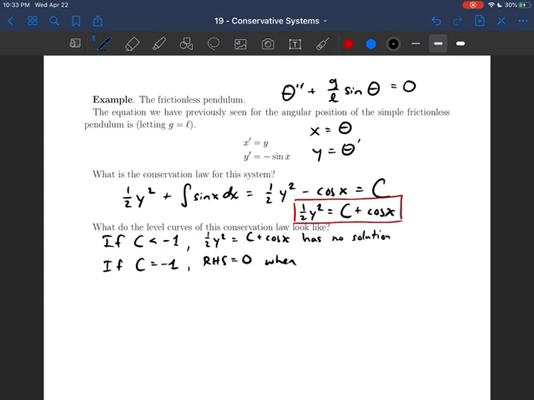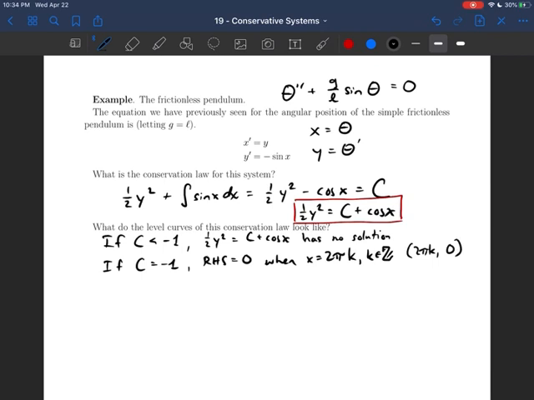If, on the other hand, c is equal to -1, then the right-hand side is equal to 0 sometimes. It's only equal to 0 where cosine of x is equal to +1. So that only happens when x is 2 pi. Oh, sorry, let me think.